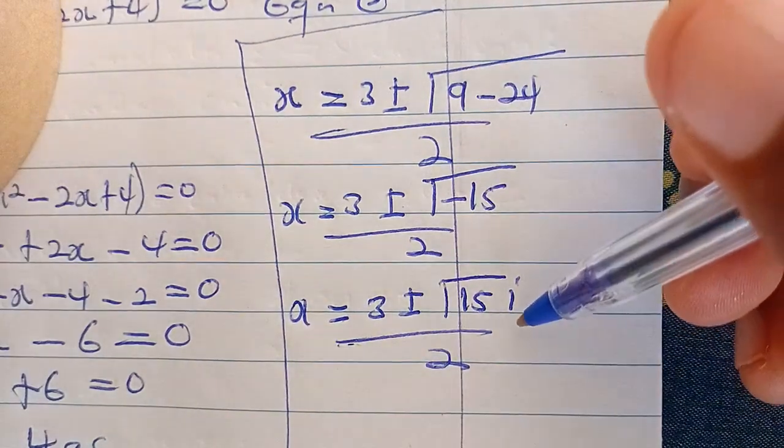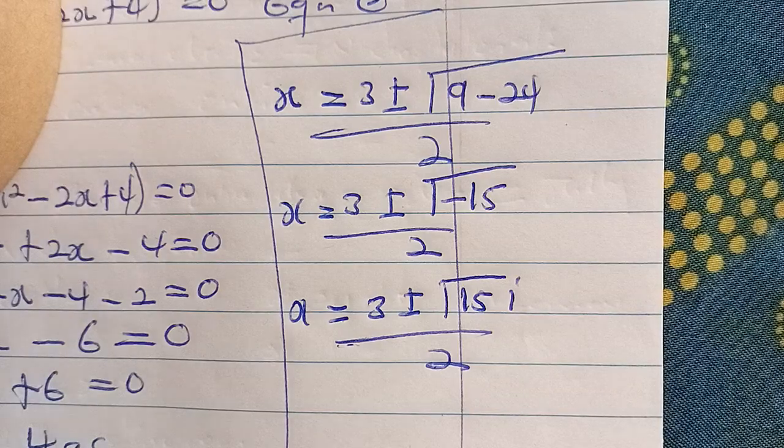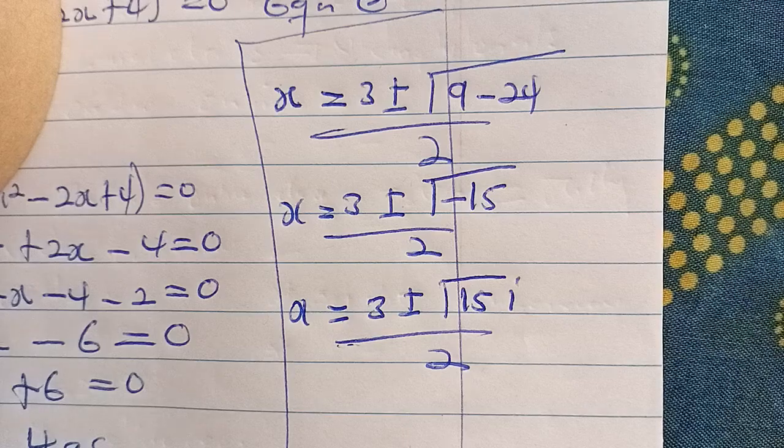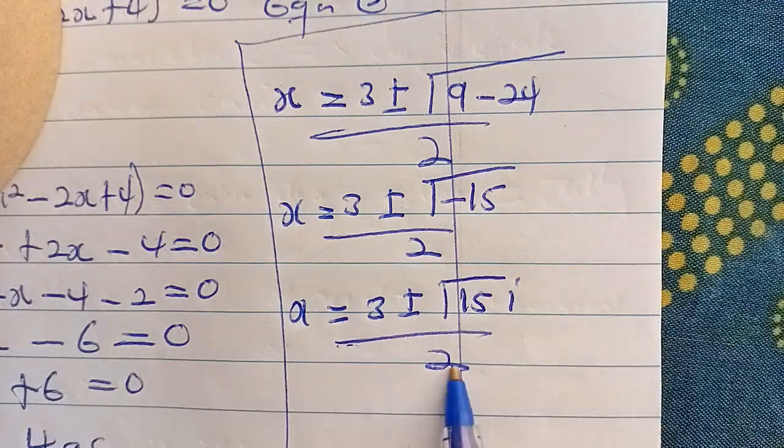Now we are introducing the i as an imaginary number because of the minus which is attached to the 15. So at the end of the day, the final value for x that you have is this.